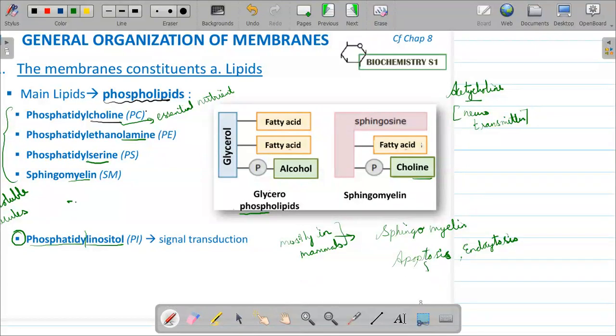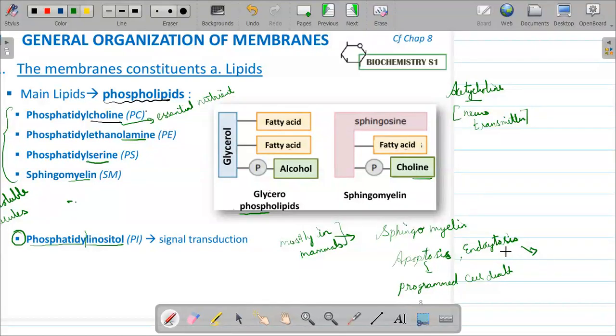Apoptosis is nothing but programmed cell death. Your cell has a 24 hour life cycle, right? Ova have 48 hours, sperm may have 72 hours. So the life of a cell is determined by sphingomyelin. It is actually a type of component of a phospholipid. It's a cholesterol containing compound. So they help in programmed cell death.